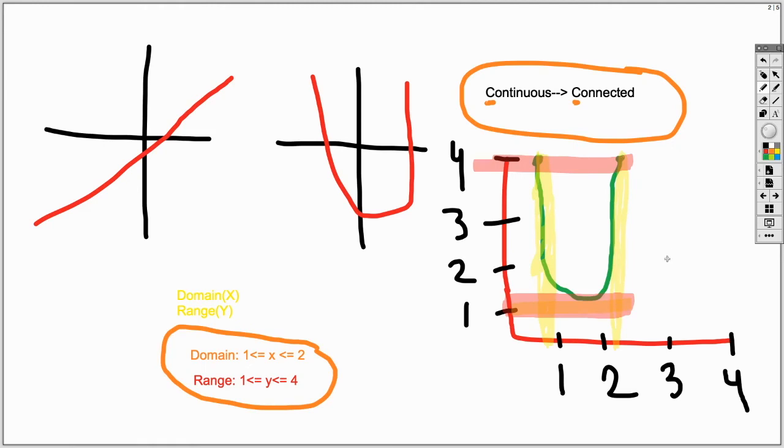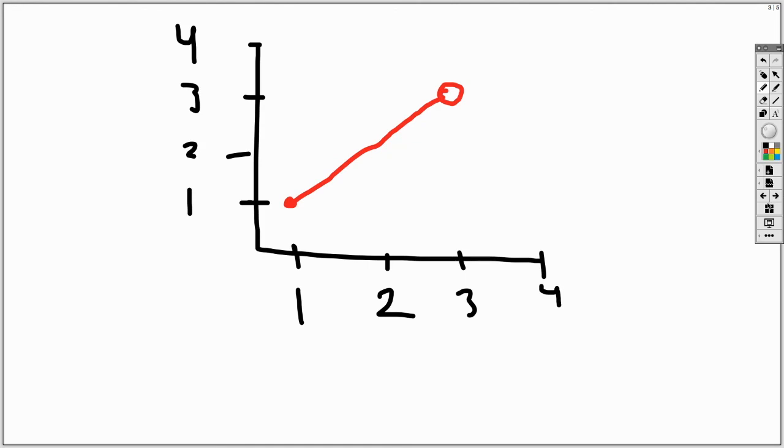So I have another continuous practice problem because, as I mentioned earlier, it's easier to find discrete, so I just want to do more practice problems for continuous. Now, instead of that U-shaped graph, we have a line. And this line has a closed dot and an open dot.